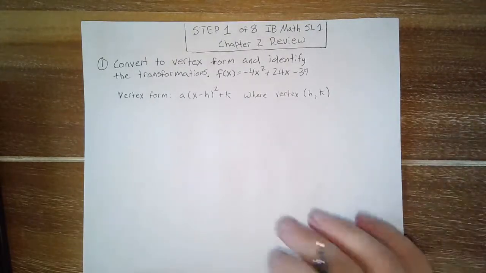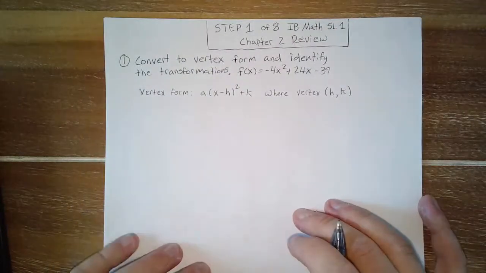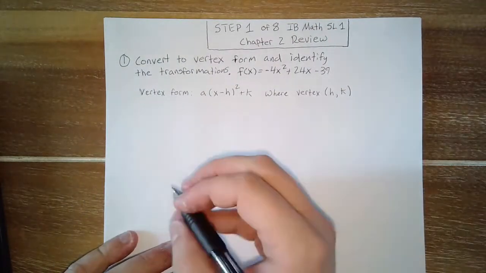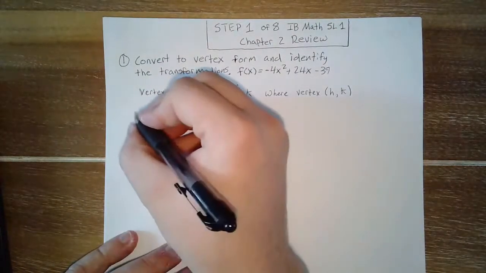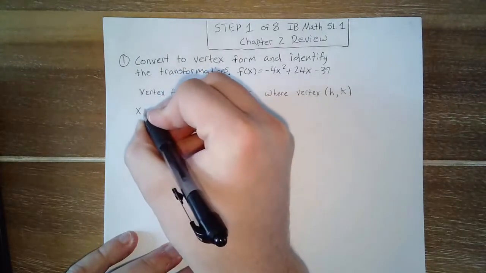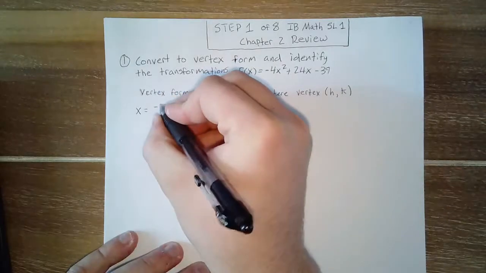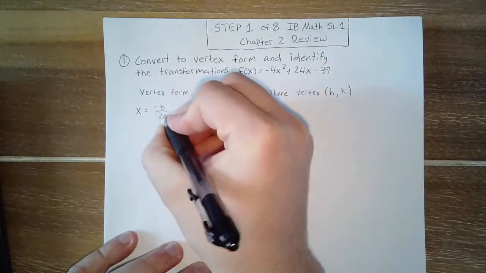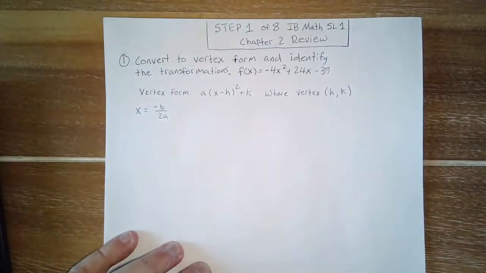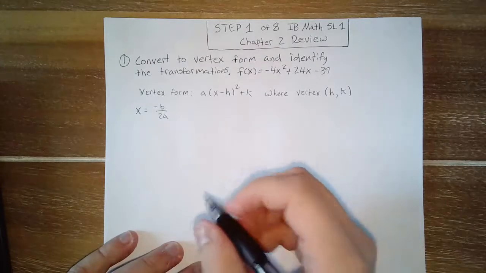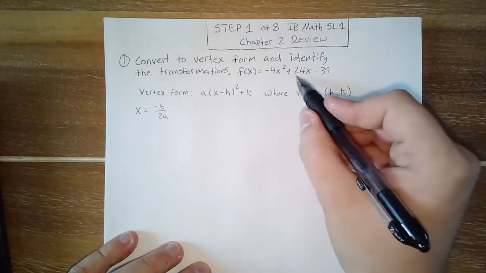To find a vertex, looking at a quadratic function, I'm going to use this little formula. The x value of our vertex is equal to the opposite of b over 2a. When I look at my b value here, my b value is 24.